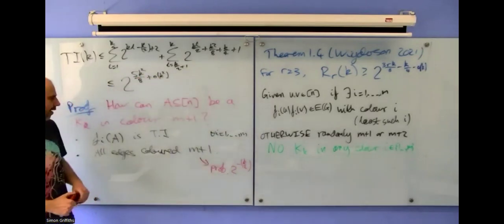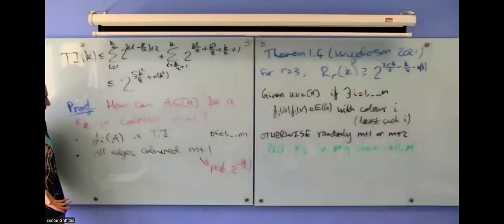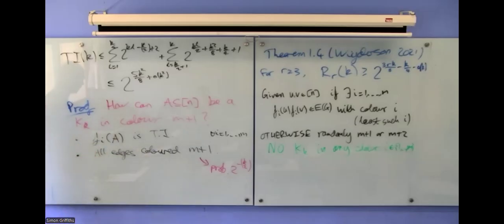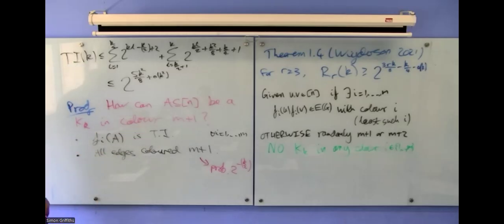Because A would be a set of size k, and covering all the pairs with the same colour is 2 to the minus k choose 2. But what we don't know a priori is how many A are such that the first thing happens, how many A are such that in every one of these functions, they're totally isotropic.